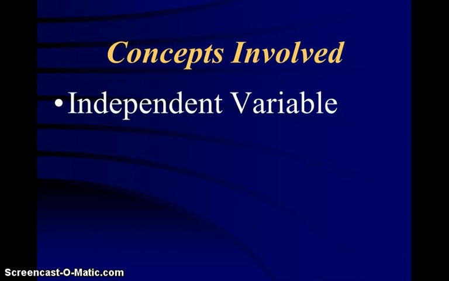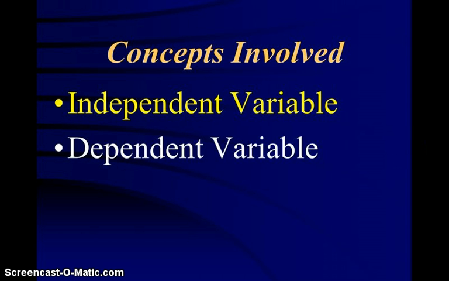Well, what are you studying? You're studying the drug. That's what you're looking at. You're seeing if the drug has an impact on something else. So the independent variable, you can think of it almost as like a cause and effect type deal. The independent variable is the cause. That's what you're researching. Okay? So that's the independent variable.